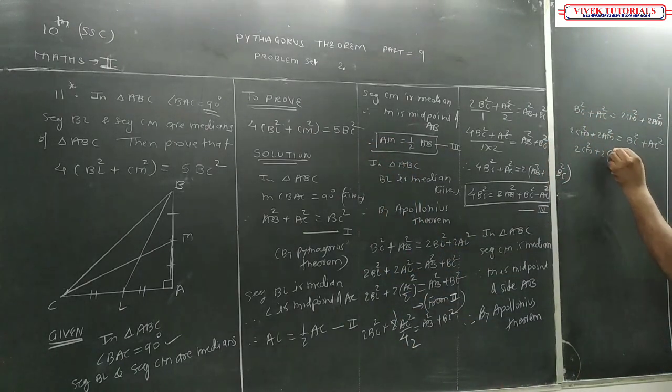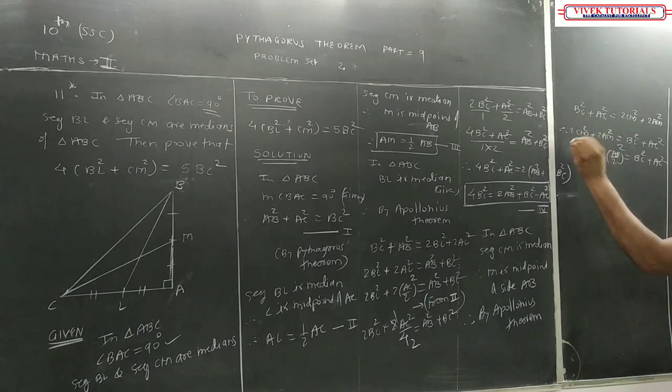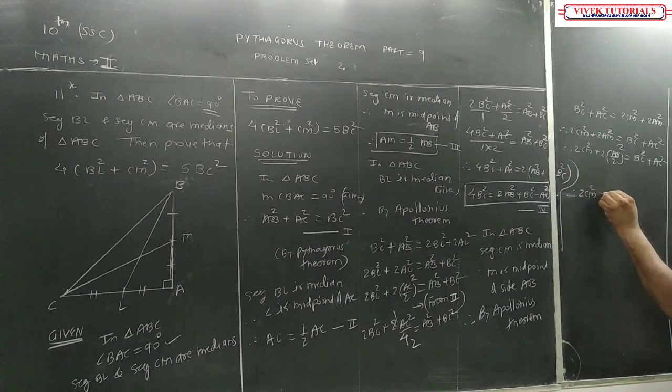So I'm going to write AB upon 2 the whole square is equal to BC square plus AC square. Therefore, 2CM square plus 2 into AB square by 4 is equal to BC square plus AC square.